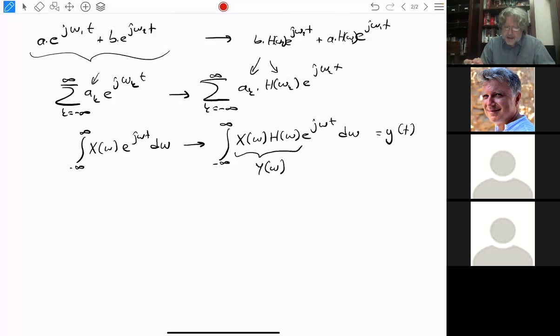That's why convolution in time will have a Fourier transform that corresponds to multiplication in frequency. It's not Y, it's H, excuse me.